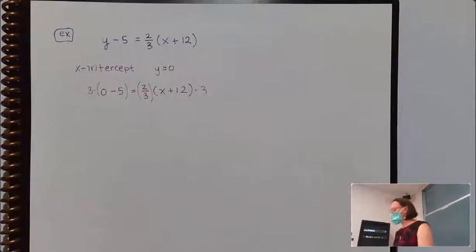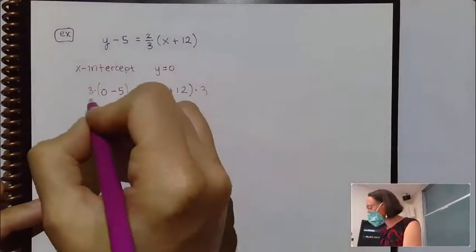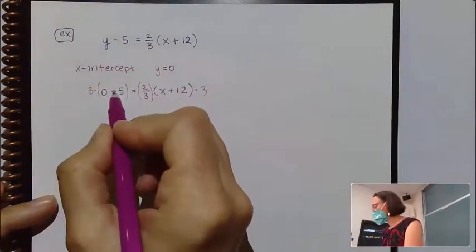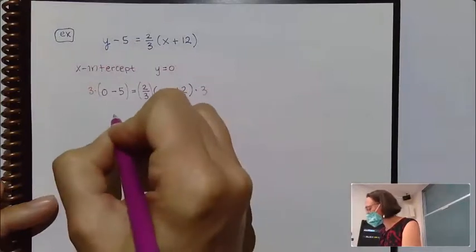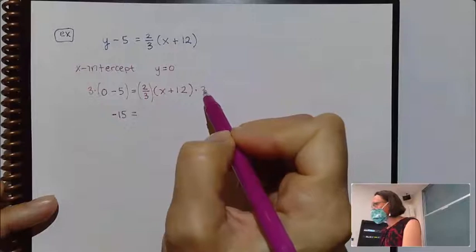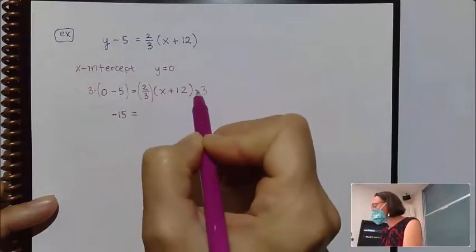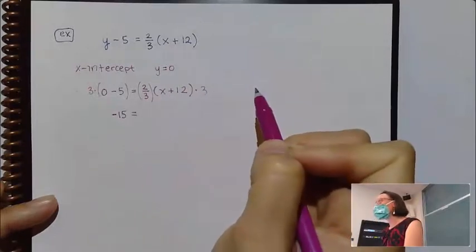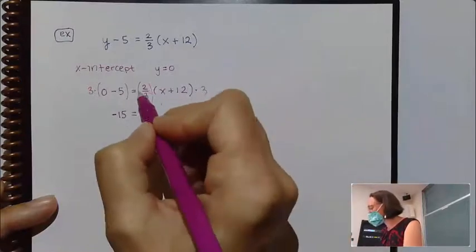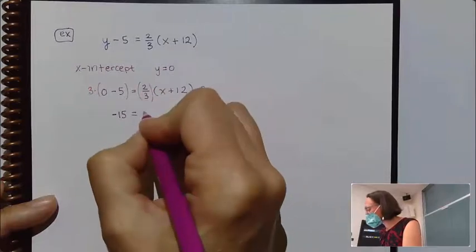Okay, so here I'm going to multiply both sides by 3. On the left-hand side, 0 minus 5 is -5, and 3 times -5 is going to give me -15. On the right-hand side, I have 3 things that are multiplied together. So I can multiply those in any order I want. I'm going to multiply the 3 by the 2/3 to get 2.